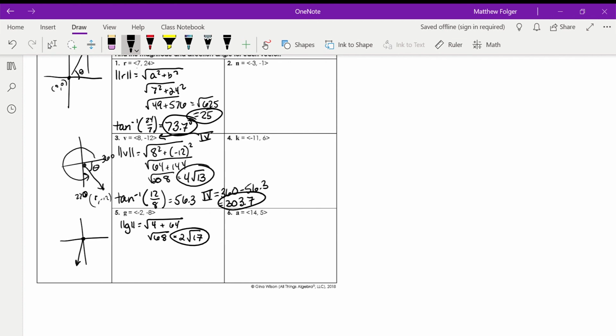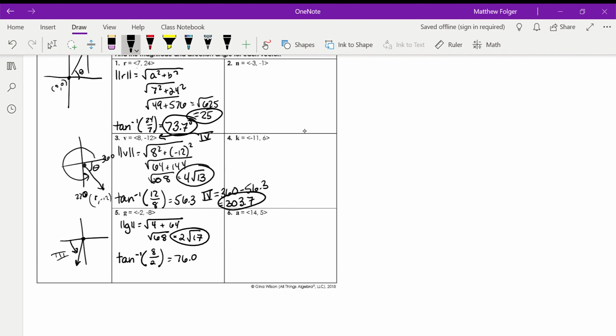All right, then we want to know the direction angle. Well, when you're doing this, again, don't put the negatives in. Only do the positives, and then we need to put it in the third quadrant. So we're going to do 8 over 2, which is inverse tan of 4, right? 8 divided by 2 is 4. So I can do inverse tan of 4, and you get 76.0, and that's what I need to put in this quadrant.